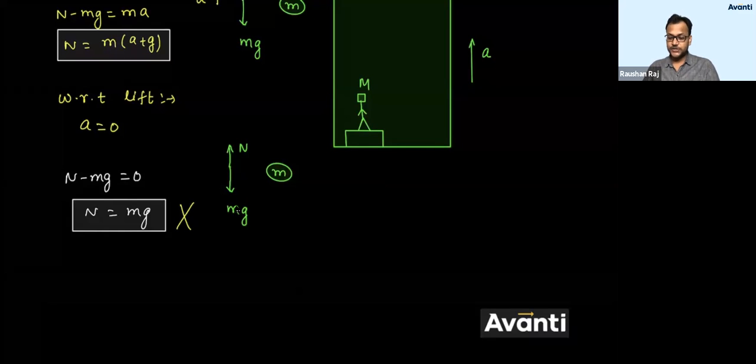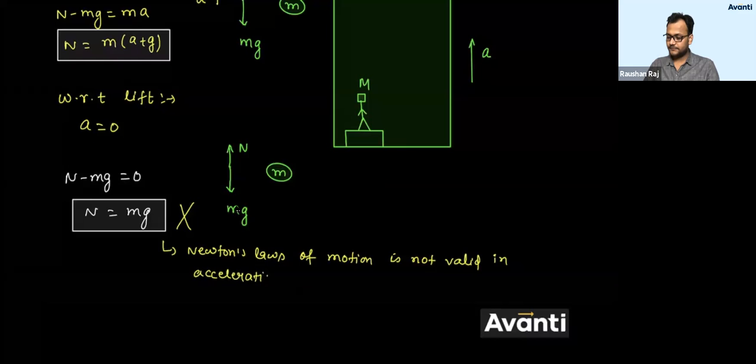Why is this incorrect? Because we have used Newton's second law when the lift, which is the reference frame, is accelerating. Newton's laws of motion are not valid in an accelerating frame of reference.